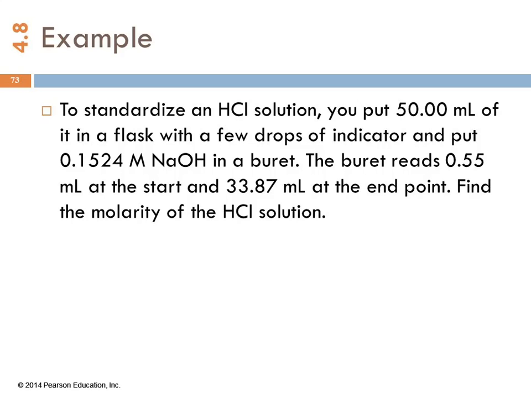So this is saying the burette started out at 0.5 milliliters and ends up at 33.87. That does not mean we're putting liquid into the burette. We're asked to find the molarity of the HCl solution.